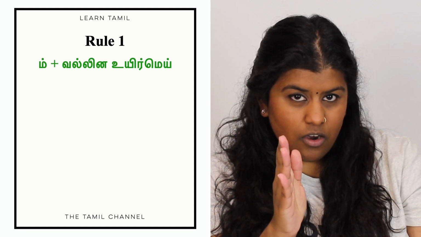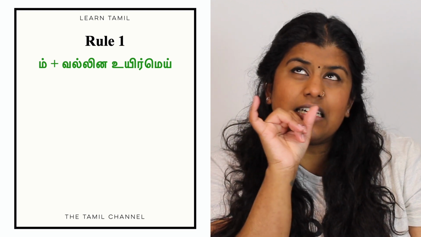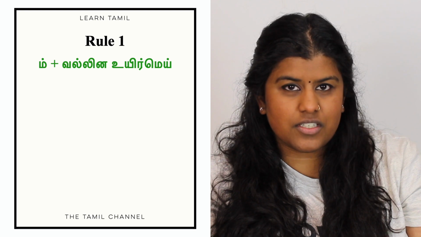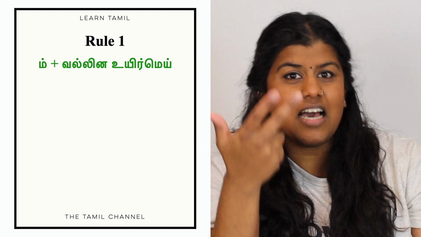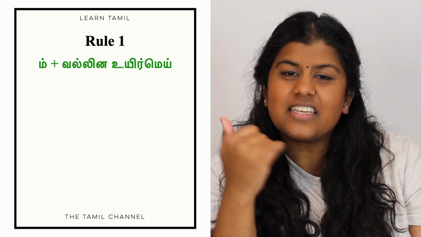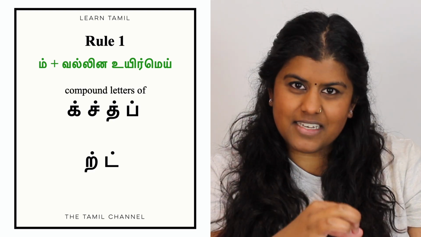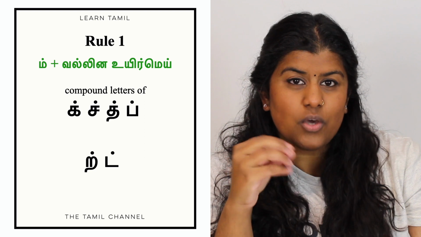So not the consonants themselves, but a word or a suffix that starts with a compound letter of the vowel consonants. So ka, sa, da, pa, ra. I say ka, sa, da, pa, ra because it's easier to say, but it's like ik, ich, it, up, it. So any of the compound letters of these consonants.